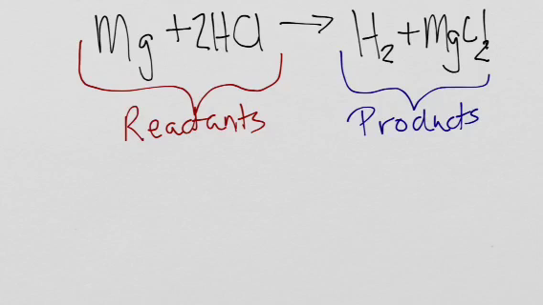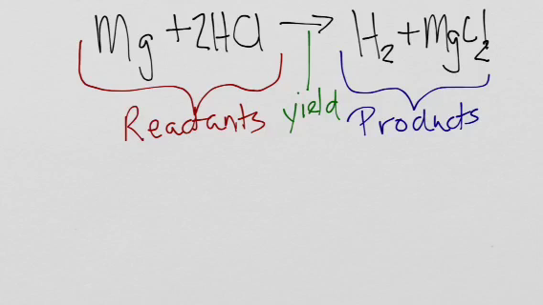Products are always on the right side of the arrow. The arrow is called the yield sign. So it means that this plus this on the reactant side is going to give you, or yield, this plus that.